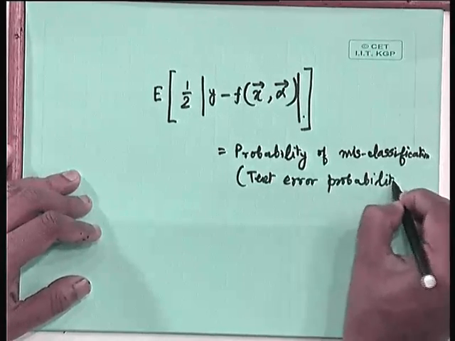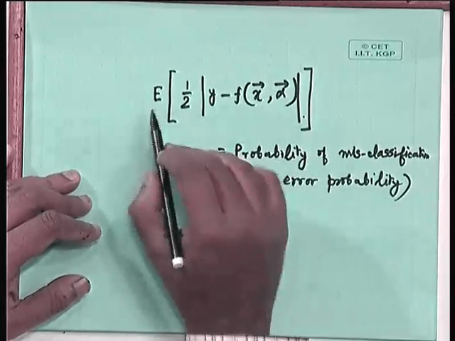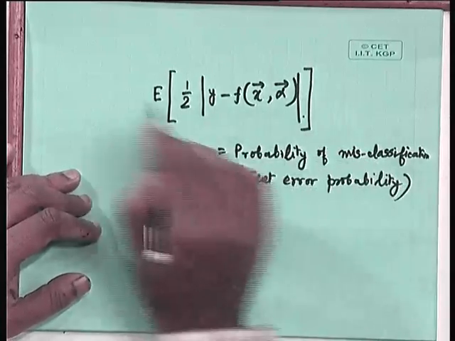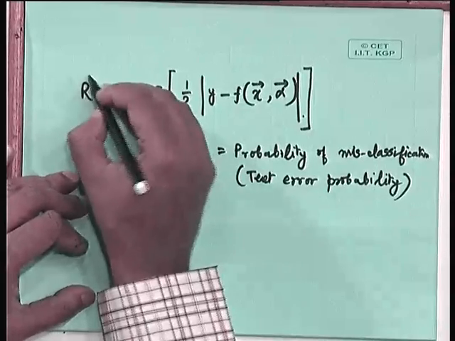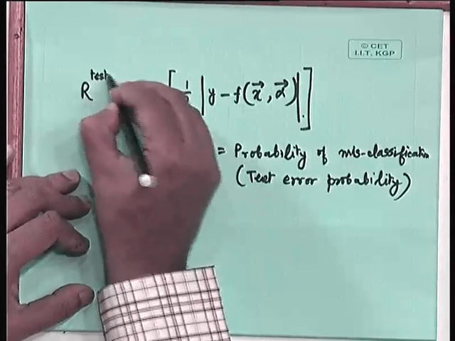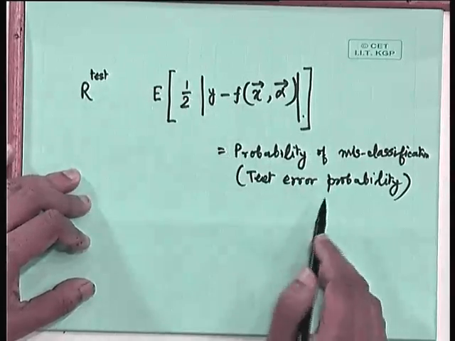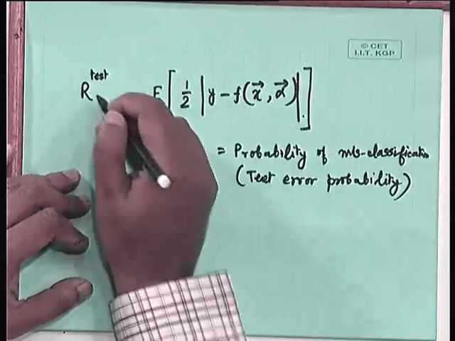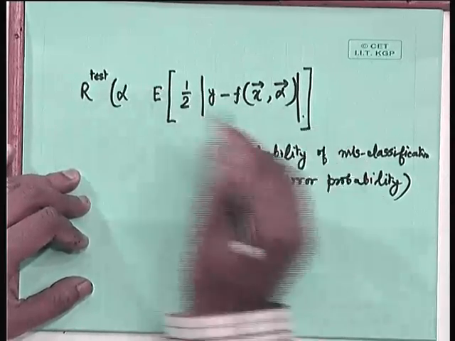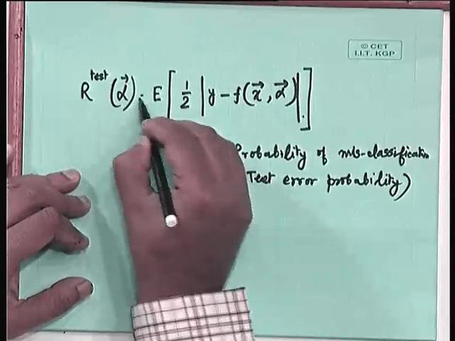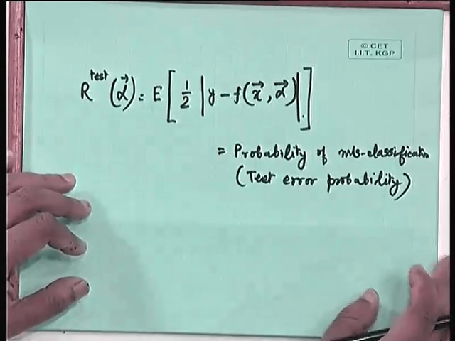And this is defined as E of half of this quantity, and I now indicate this as R test, because this is a test pattern. So, this is R test as a function of alpha, that is equal to E of this.